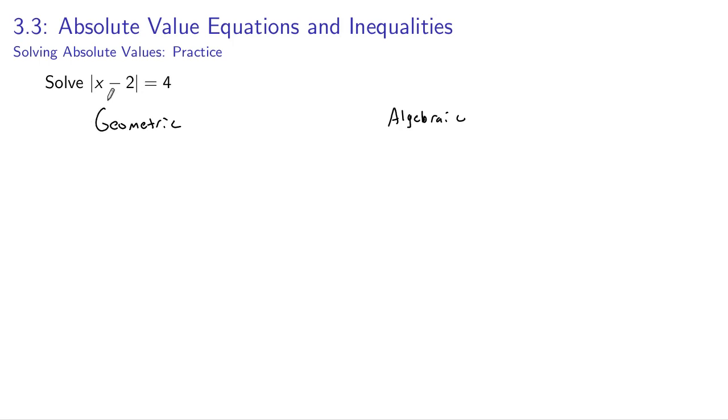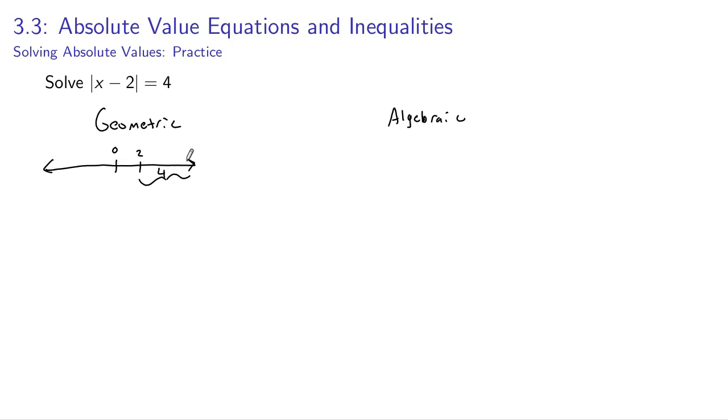The geometric method says, okay, we know the difference between this unknown number and 2 means the distance from the unknown number and 2 must be 4. So if we think about a number line geometrically, the distance between 2 and this unknown number, x, must be 4.